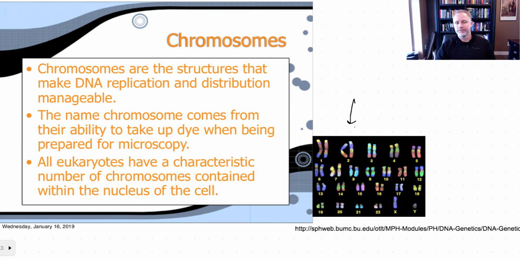And early on, when cytologists were studying the cell and providing different kinds of stains, they noticed that these structures took up different dyes differently, and therefore you can get these multicolored structures based on their chemical makeup. And this is what gives them their name, chromosome.